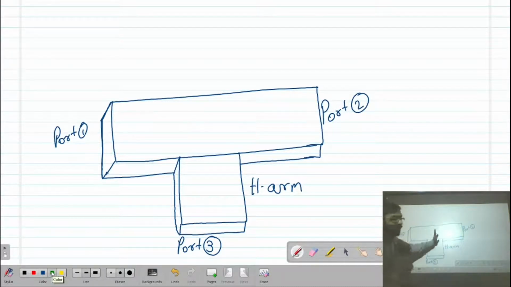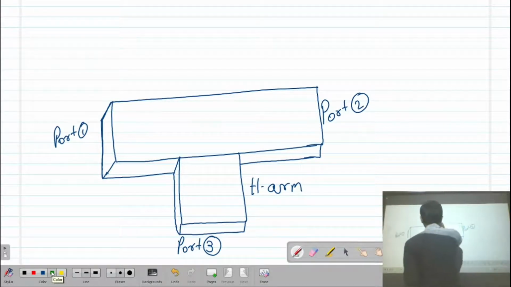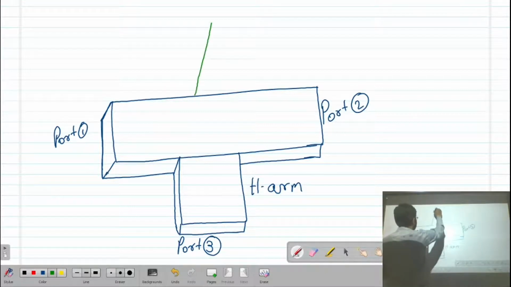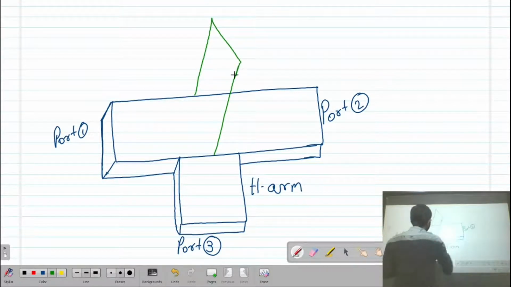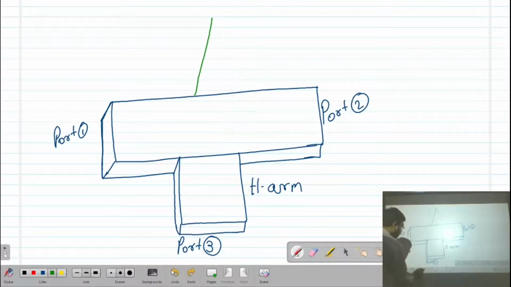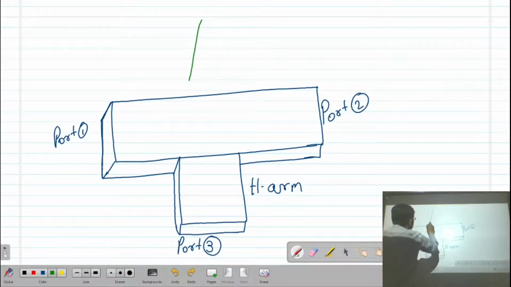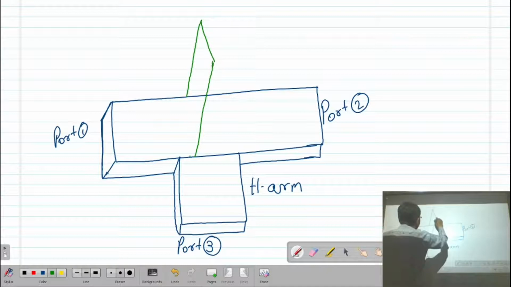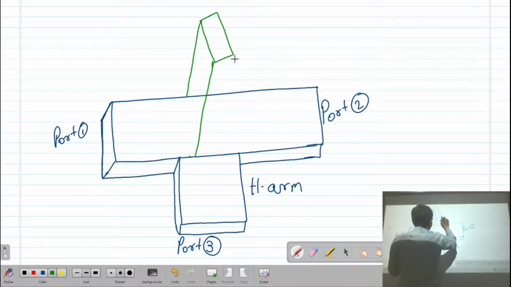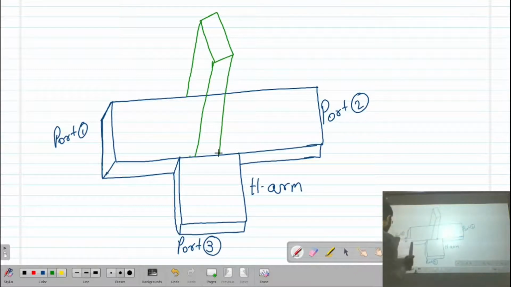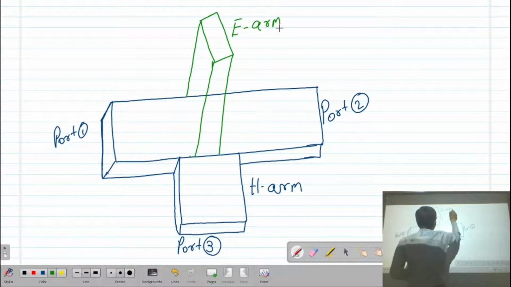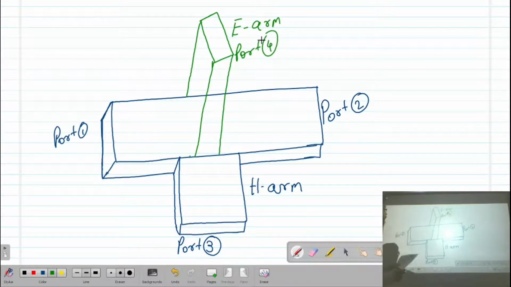Now I will add the E plane T junction on it, something like this. This is the E arm and port number 4.